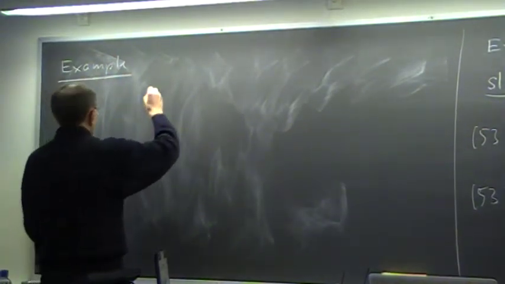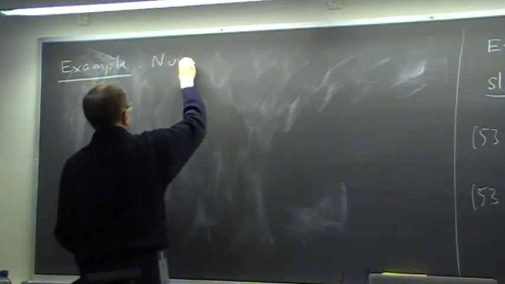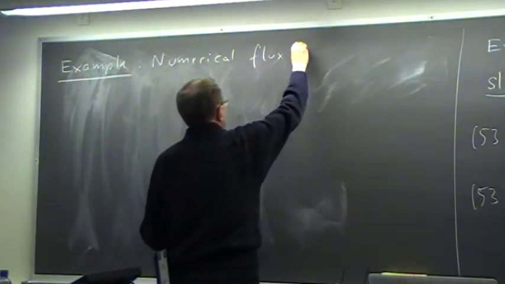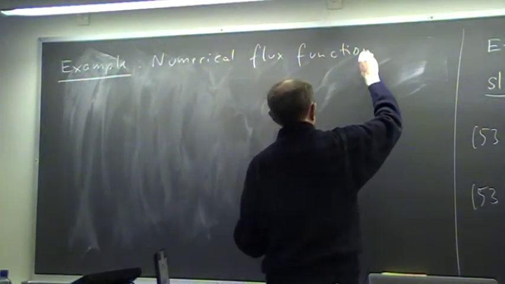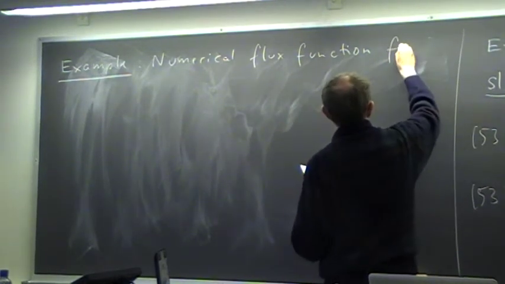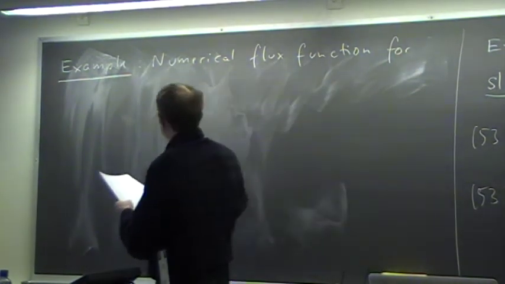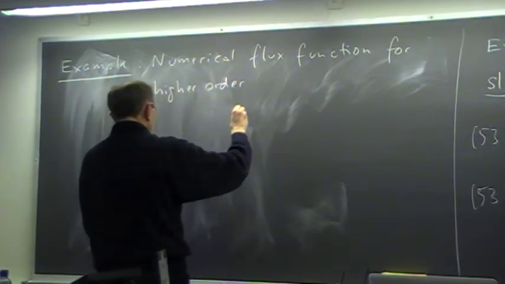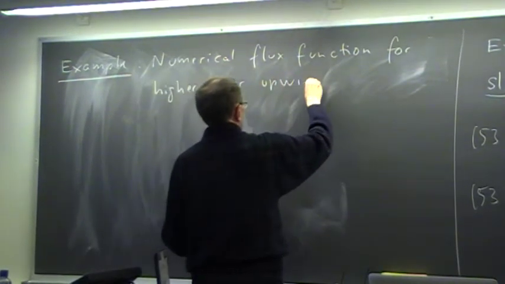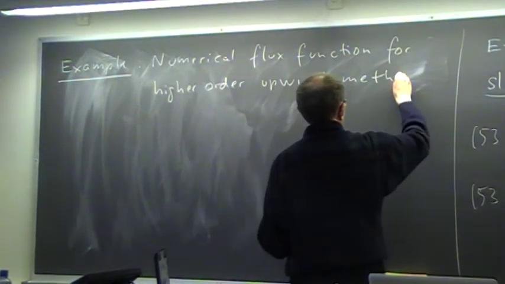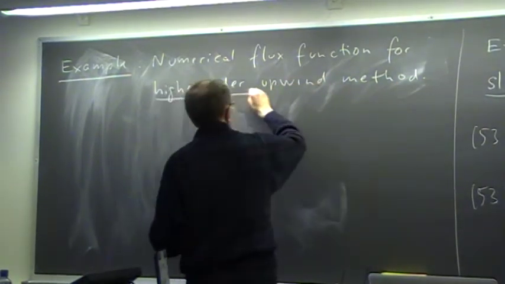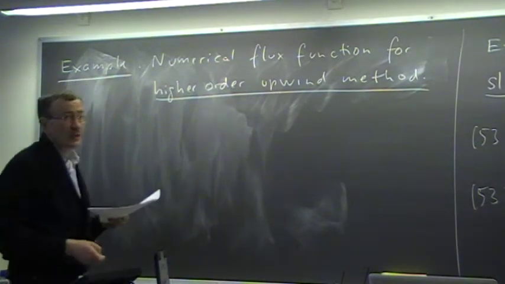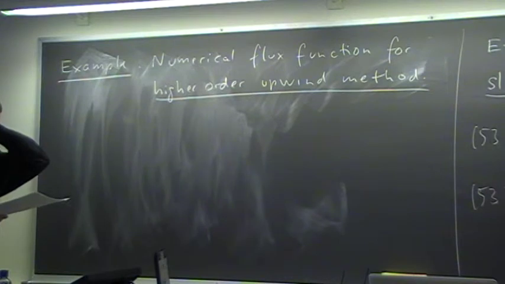We consider the numerical flux function for the higher order upwind method. So we take then the flux function that we have been discussing now. Actually, it's a higher order TVD method, but it keeps the TVD property. That's the interesting thing.